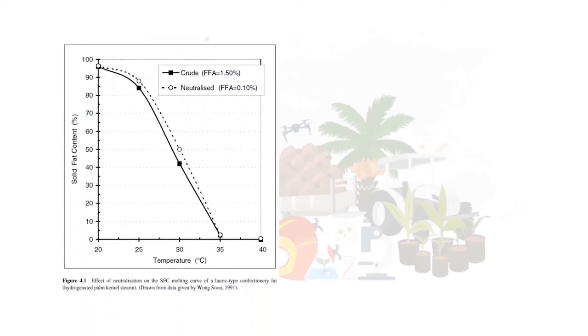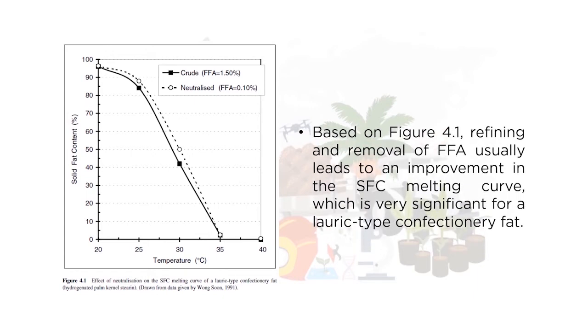As we can see from the figure by Wong Son in 1991, the figure shows the effect of neutralization on the SFC, solid fat content, melting curve of lauric confectionery fat, hydrogenated palm kernel stearin.